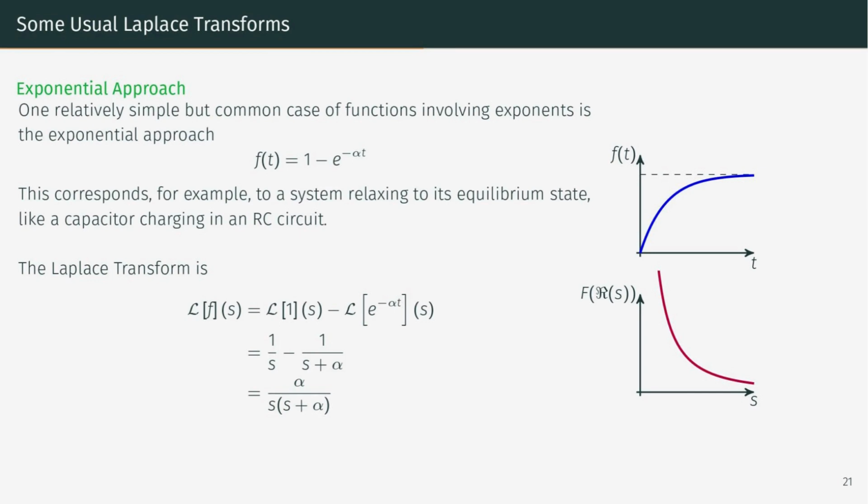We can see that the Laplace transform is given by the Laplace transform of 1 minus the Laplace transform of e to the negative alpha t. We have seen this before, and we can recognize them as 1 over s minus 1 over s plus alpha, which can just be rewritten as alpha over s times s plus alpha. Again, the top graph shows the function in question, while the bottom shows the graph of this Laplace transform for real values of s.